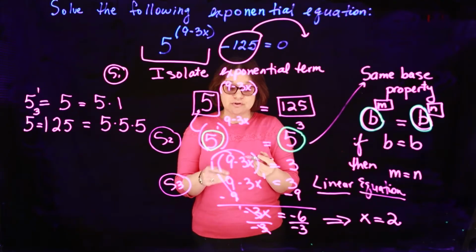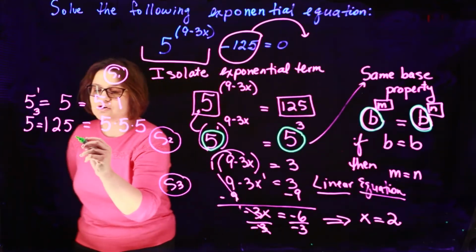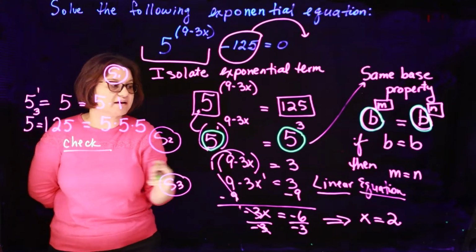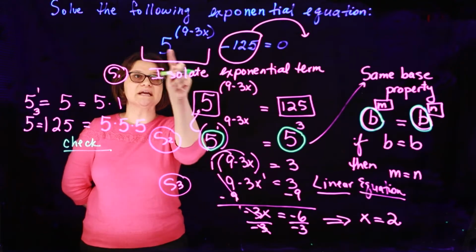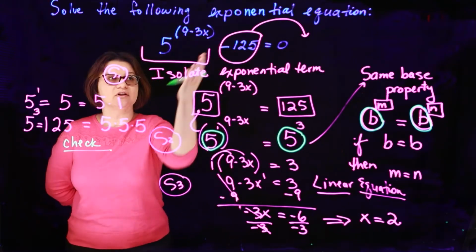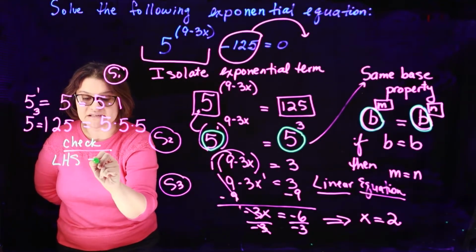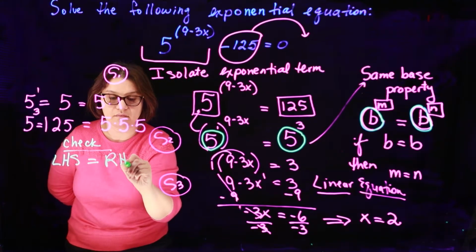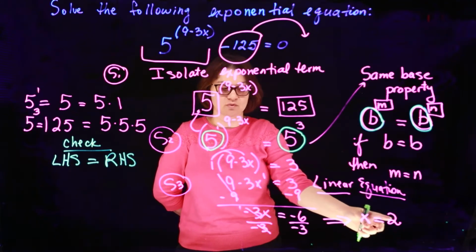But we always want to check to make sure that we are indeed done. Let's check our solution. We will check this x equals 2. What does that mean to check? We want to make sure that in the original equation, the left-hand side, whatever it will be, must equal the right-hand side when x is tested for x equals 2.